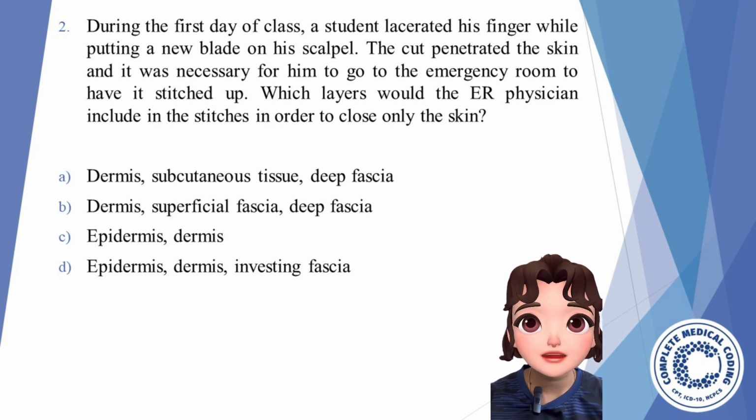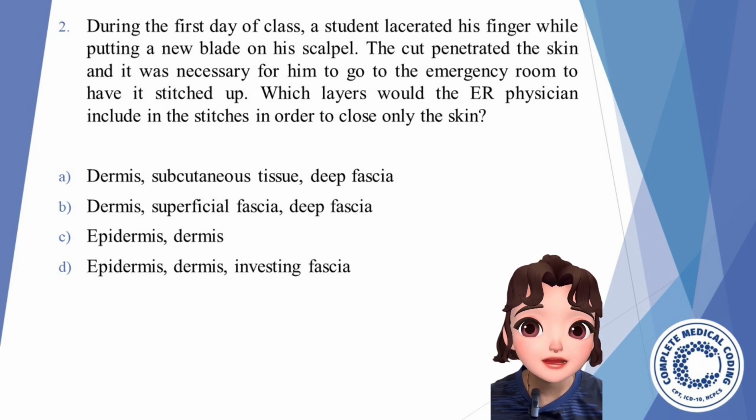Which layers would the ER physician include in the stitches in order to close only the skin? So the physician has to close only the skin because of the cut. You already know the skin layers as we have discussed in the previous question. So what will be the order in order to close only the skin?